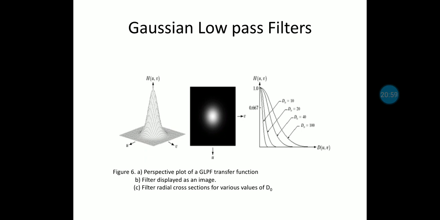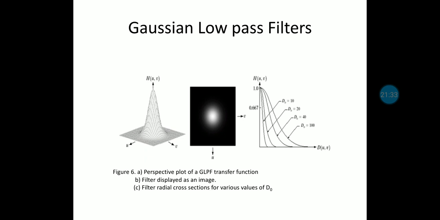In the graph the values of D naught considered were 10, 20, 40 and 100, isn't it? When D naught is increased to 100, the curve takes a smooth representation. Sharpness is increased for a lower value of D naught, that is D naught equal to 10. We have the sharp representation of the content.